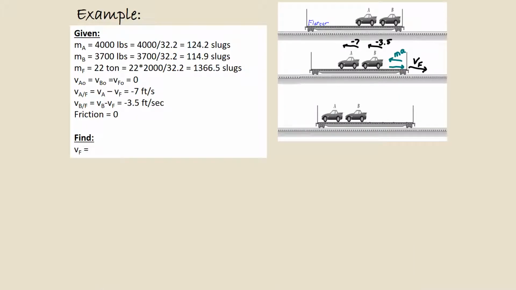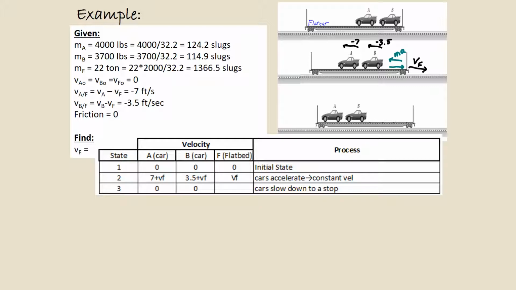Okay, so let's work through our linear momentum balances. And again, these tables are very convenient for working this through. So initial state, 0 velocities. Final state, 0 velocities. But in between, the cars are moving and the flat car is moving, and we want to figure out what the flat car is doing.